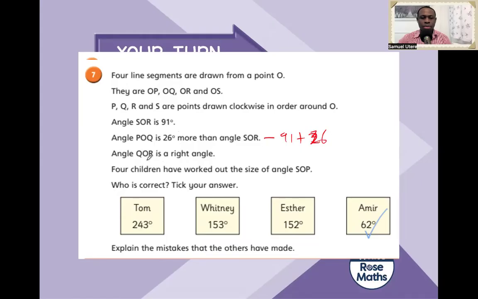Angle QOR is a right angle, so we know this is 90 degrees. 4 children have worked out the size of angle SOP. Who is correct? Of course, that is the person that is correct. So you know that what you should be doing is 360 degrees minus 91 degrees minus 91, add this.